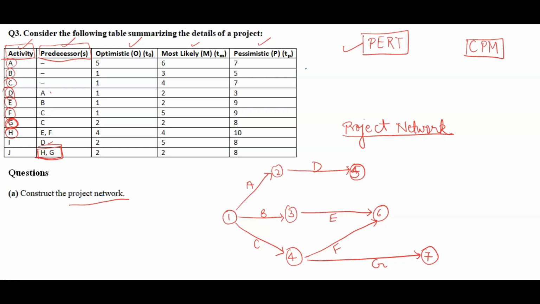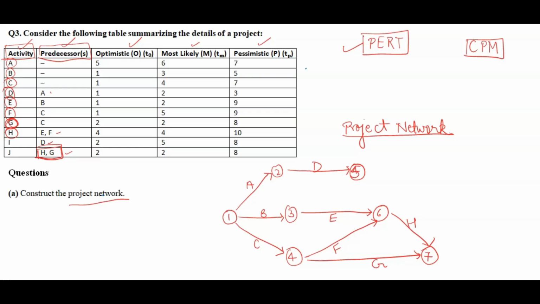So this will become the seventh node. Now H we have to start from E and F, and H should end with G. H starting from E and F means from the sixth node, and ending with G means ending at the seventh node. So this will become the H activity.